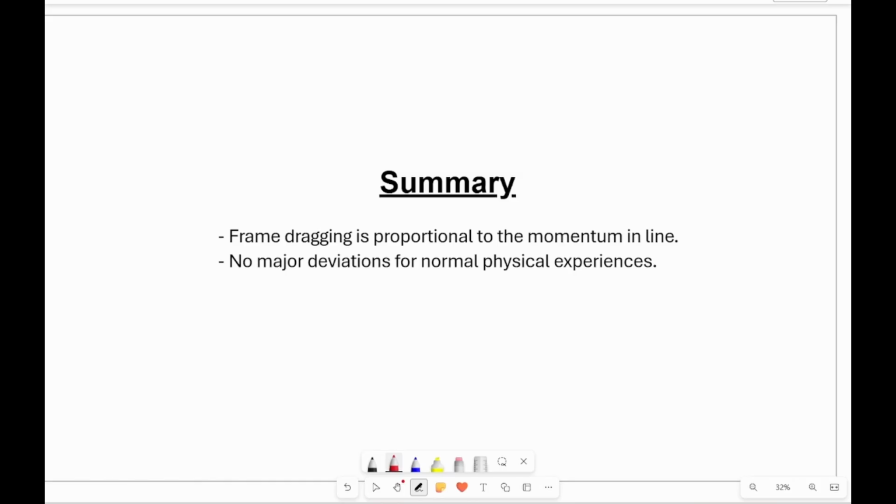And the other main point is that there's really no major deviations from normal physical experience, right? So like low gamma values, anything that we would expect when we're looking at distant stars. So we really shouldn't expect any large deviations from our current measurements with the Aether model or space-time particles model.